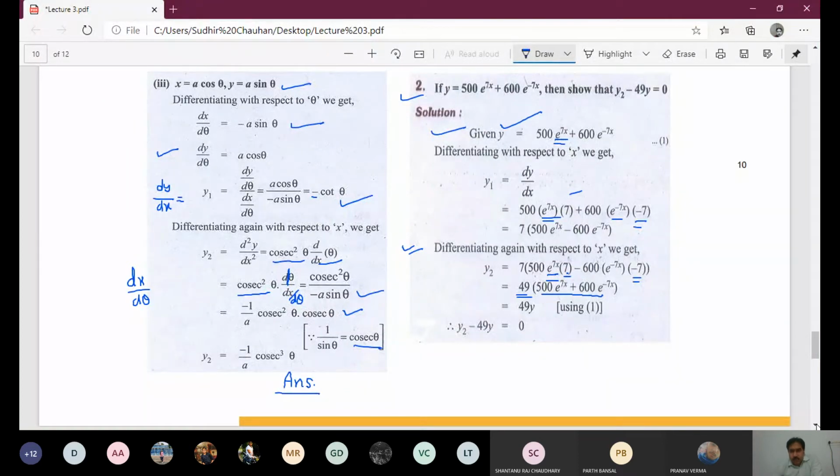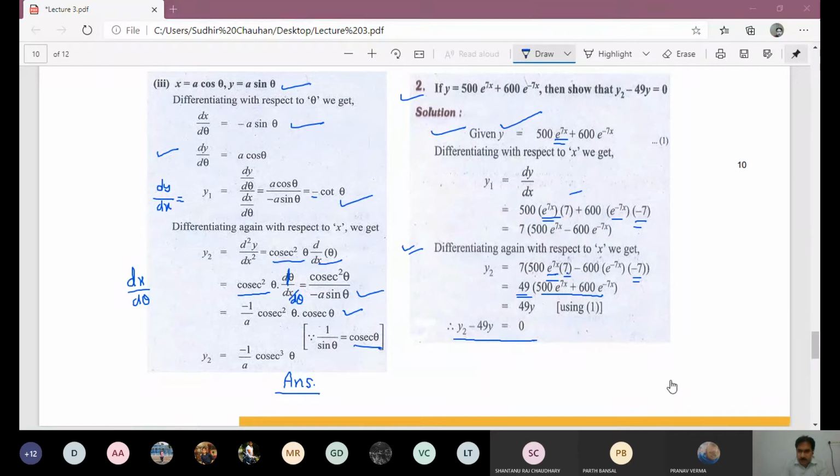So we put y is equal to 500 e raised to power 7x plus 600 e raised to power minus 7x. So we get 49y, and then we can write it as y2 minus 49y is equal to 0. So that is the proof.